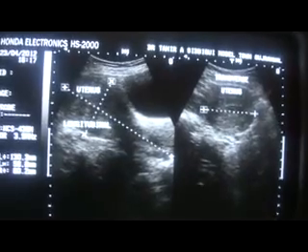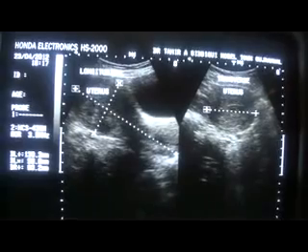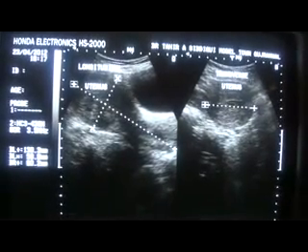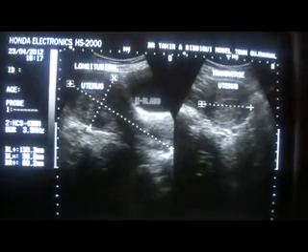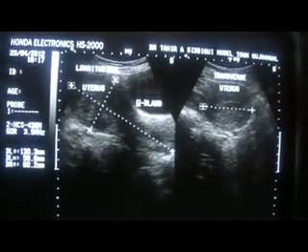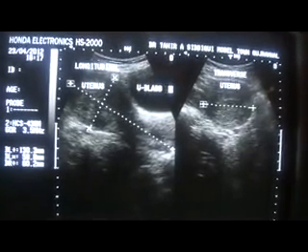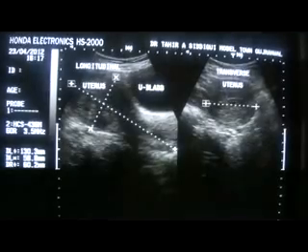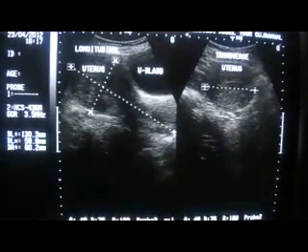Now in this uterus, you are presently seeing two focal lesions. This is the posterior wall of the uterus, and in it you are seeing a well demarcated hypoechoic focal lesion measuring approximately 16 millimeters into 19 millimeters.